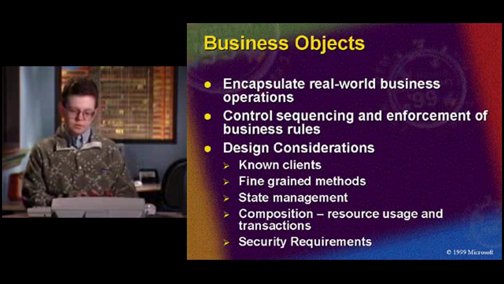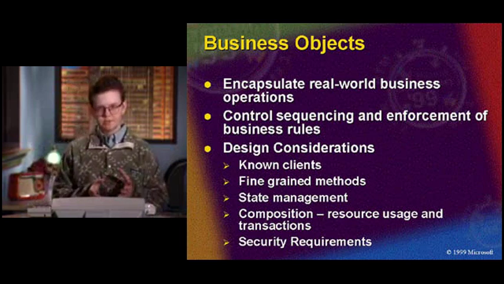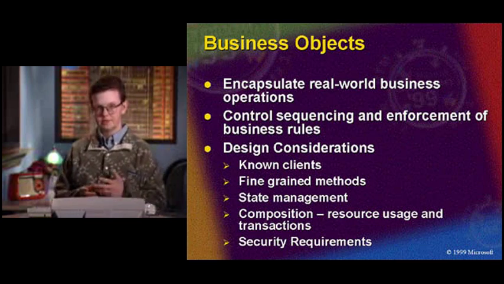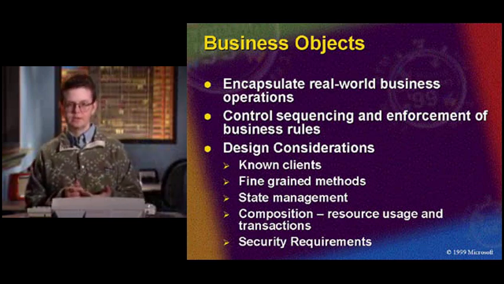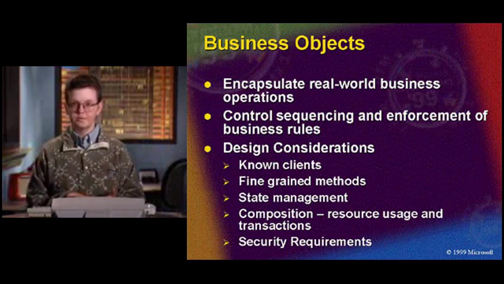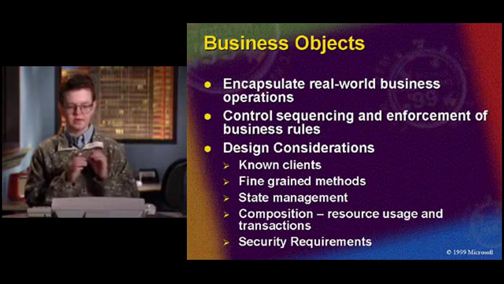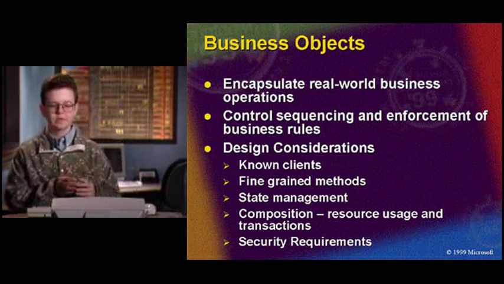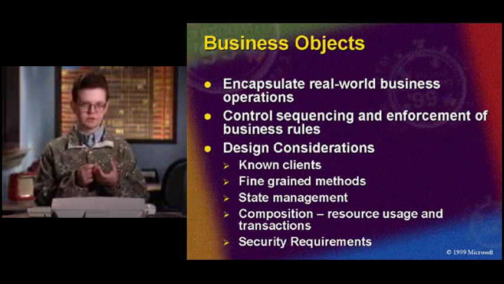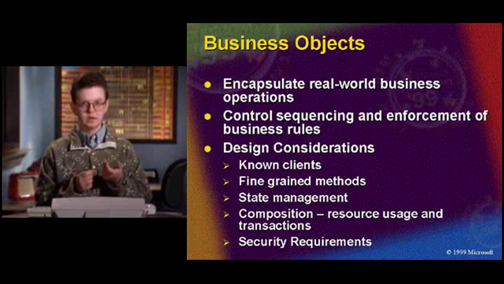So there's two typical types of objects that you'll see running within a COM+ environment: business objects and data objects. Business objects encapsulate real-world business operations. So you have very fine-grained objects that might encapsulate a particular business rule. The reason that's important is you want to make sure that these operations are specified in one place.